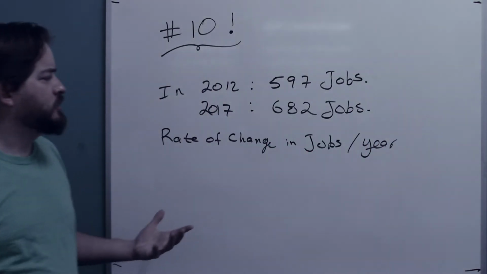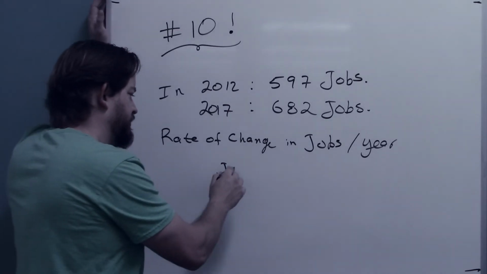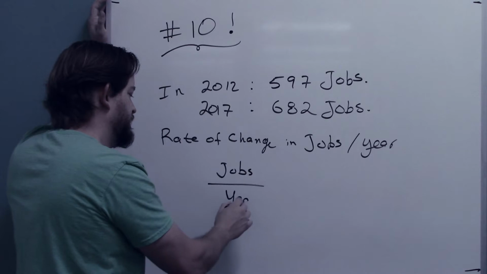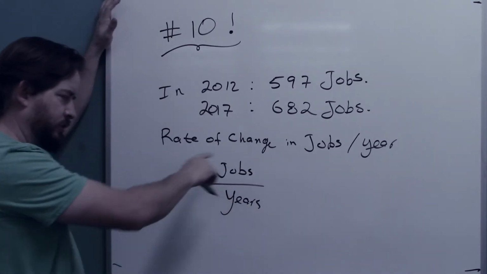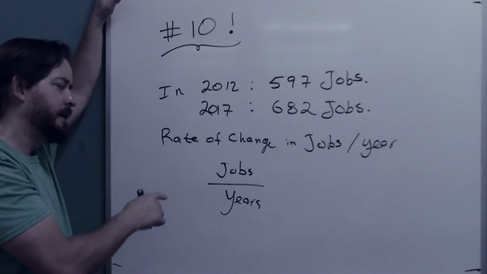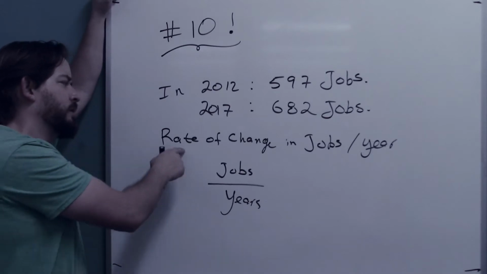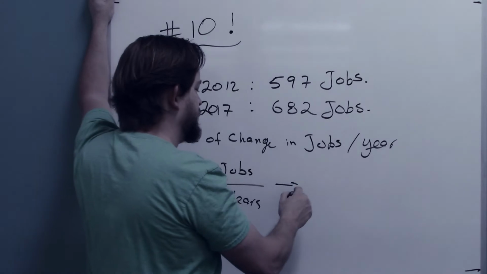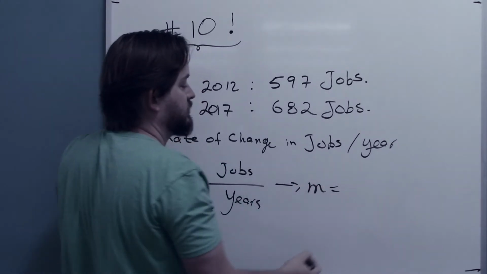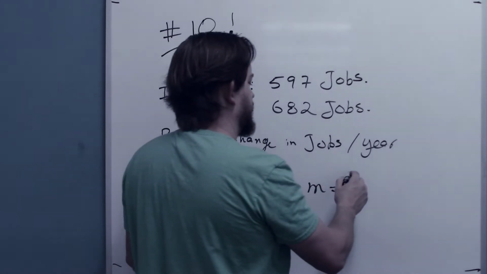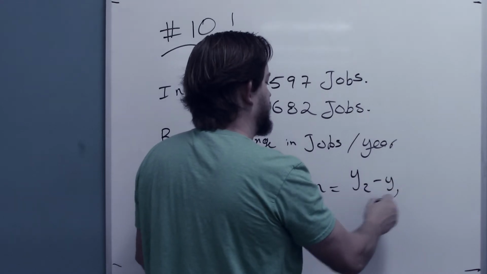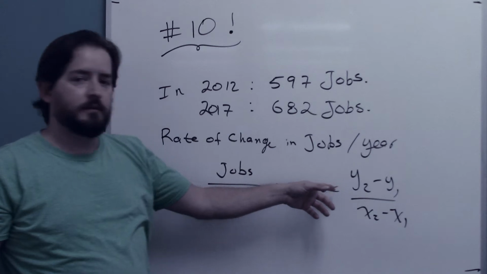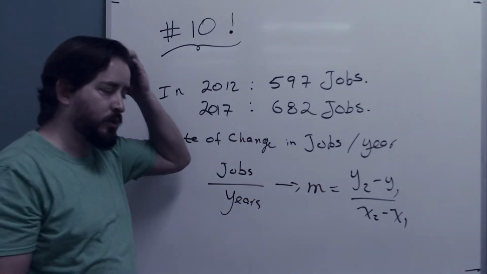Right? So jobs per year means jobs per is divided by, so I have jobs divided by years, right? Unit-wise, jobs would be in the numerator, years are in the denominator, but we're looking for the rate of change or the slope, right? If you remember, the rate of change, which is the same thing as the slope, is the change in one thing, so it was like y2 minus y1 over x2 minus x1, when we just have data, or points, right?